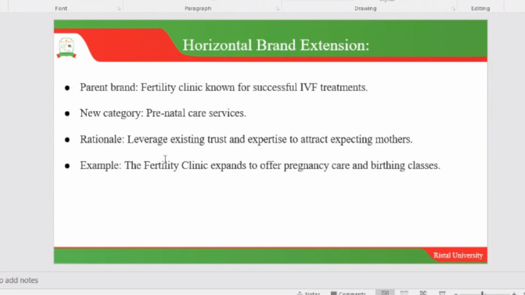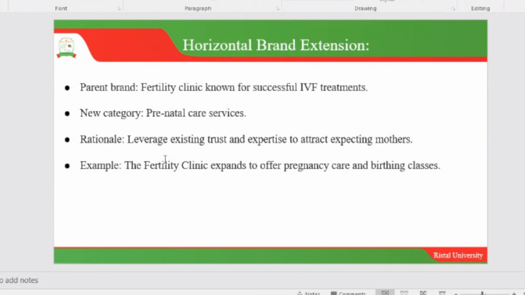So what happens is that at your health facility, you're offering in vitro fertilization treatment, and your initial brand has been having successful in vitro fertilization. So you know that actually you are having a lot of customers who are coming for this IVF treatment. So as a horizontal brand extension, you will actually open a prenatal care service, meaning before someone gets an IVF, meaning before someone conceives.